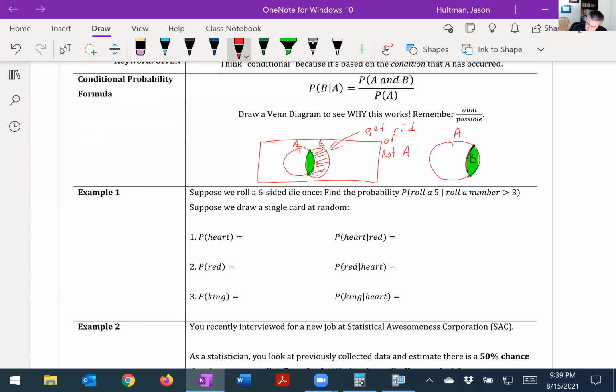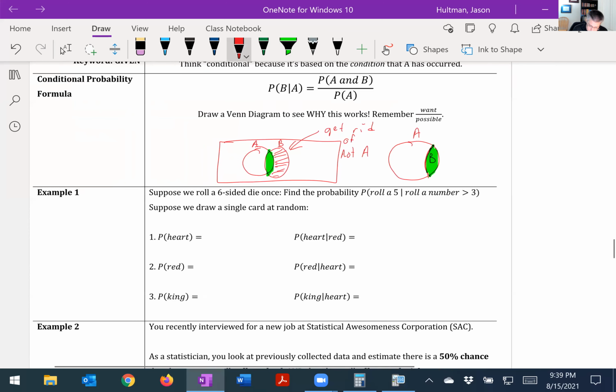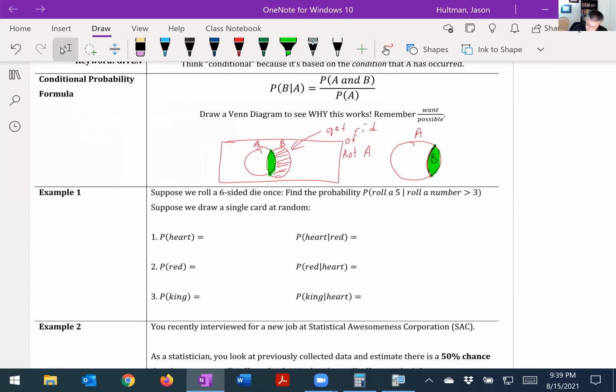Let's look at this. These are kind of two different problems. I don't know why they superimpose these on each other. Suppose we roll a 6-sided dice once. Oh, I see what they're doing here. They just want to do extra ones down there. But let's do this first one first.